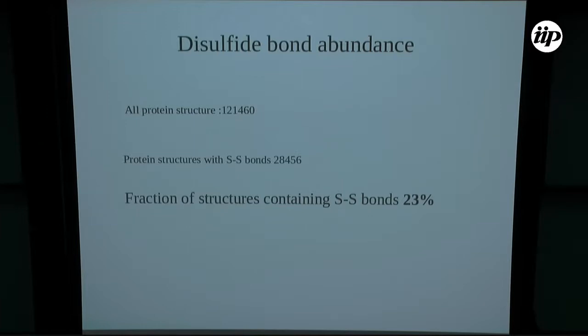It's 23% of deposited PDB structures. I'm talking only about those without ligands. So 23% of our simulations of proteins should involve breaking or formation of disulfide bonds.